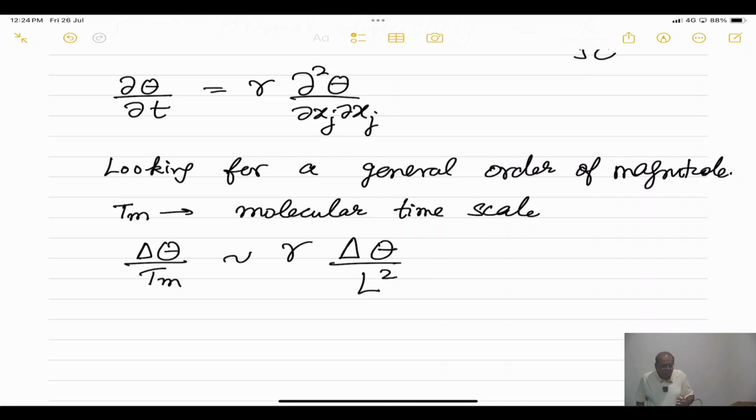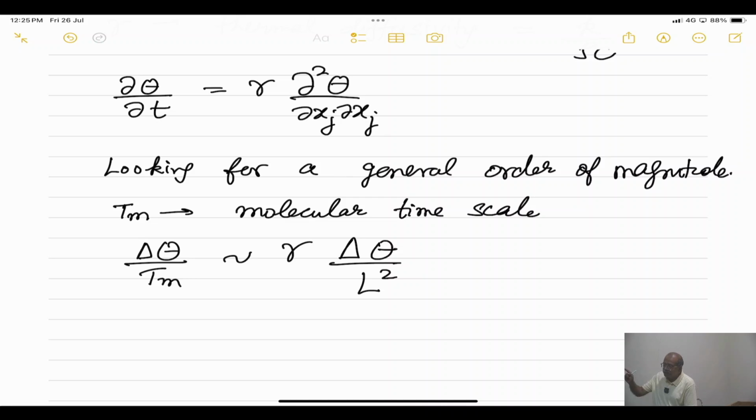Why is it delta theta and not delta theta square? No, because it's d2 theta. How do you expand del square theta? Have you done any finite difference? You must have done it somewhere. If we write the discretized expression, what do you get?